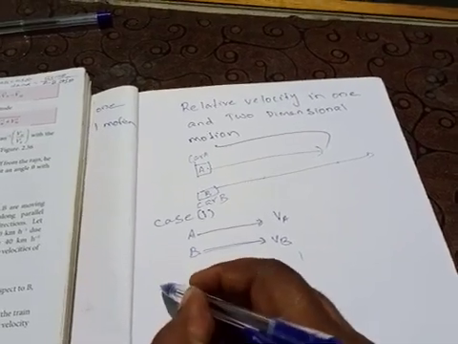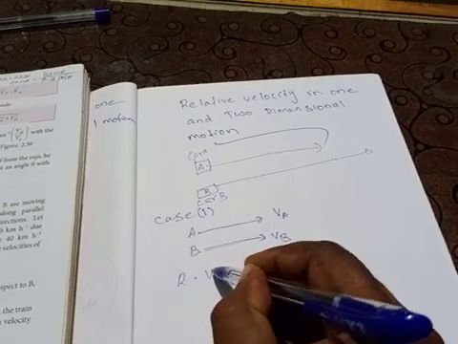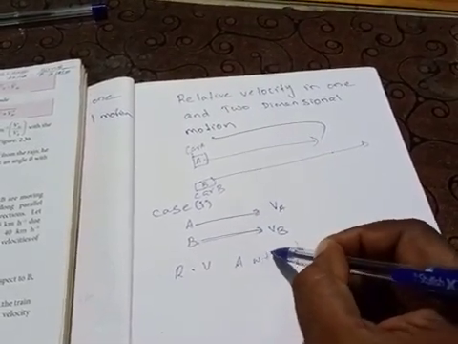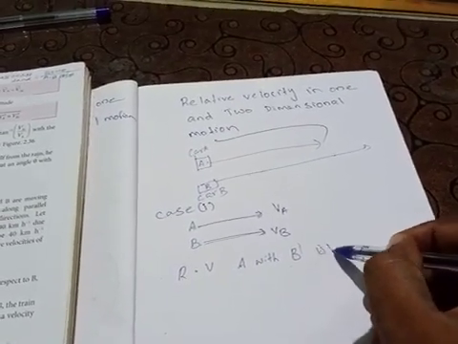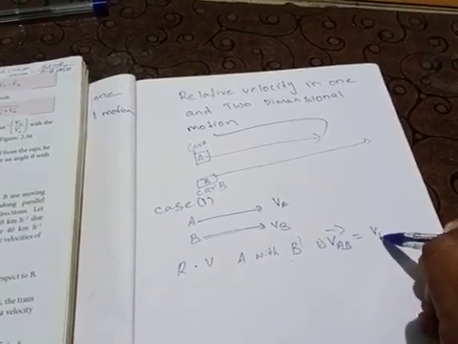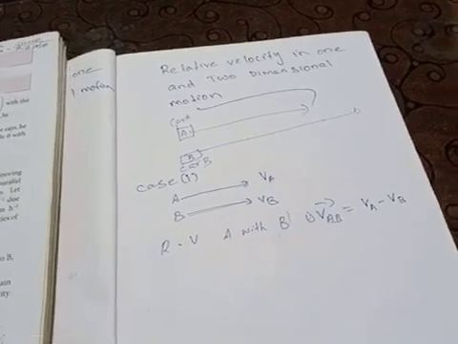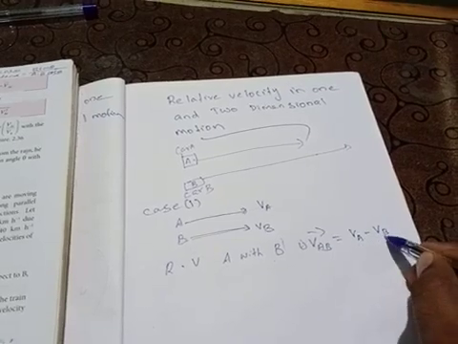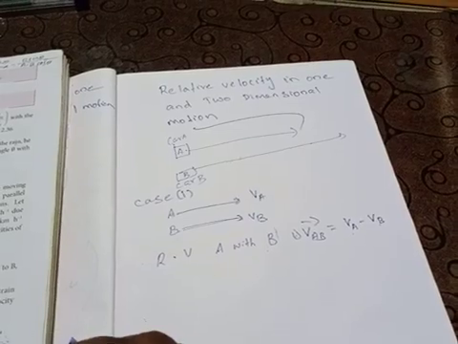So what is the relative velocity? The relative velocity of object A with respect to object B, we can write, VAB is equal to VA minus VB. This is the velocity of car A and the velocity of car B with respect to the ground. This is the first case.